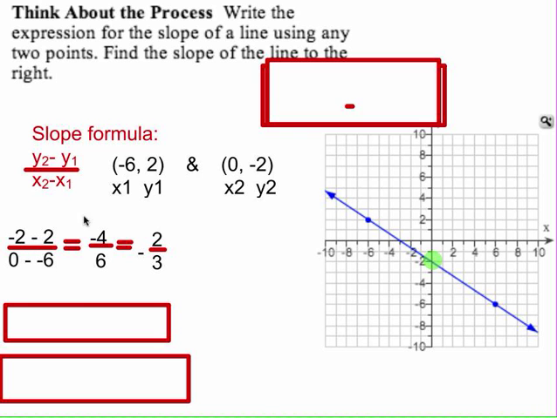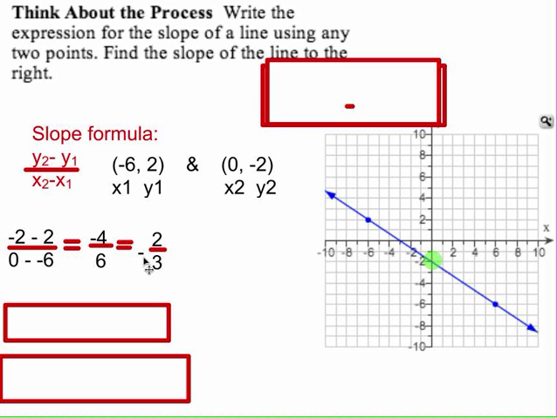Negative 2 minus 2 is a negative 4. 0 minus a negative 6 is a positive 6. 4 over 6 simplifies to 2/3, and a negative divided by a positive makes the whole fraction negative. So our answer is negative 2/3.